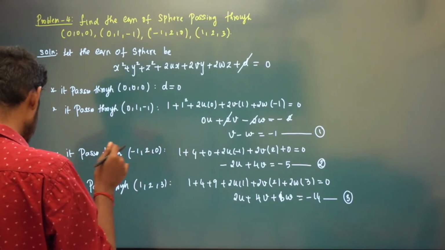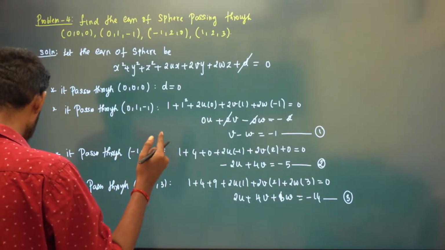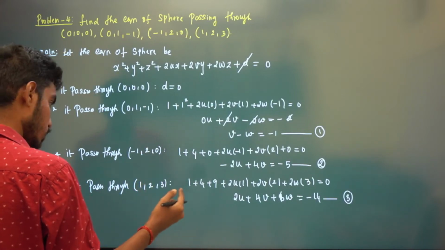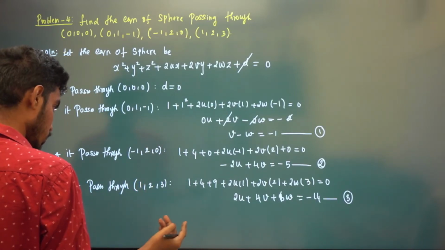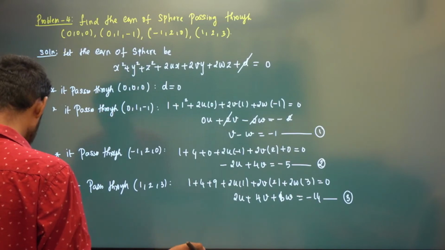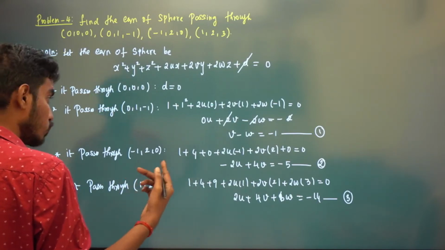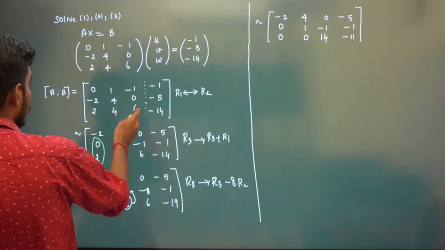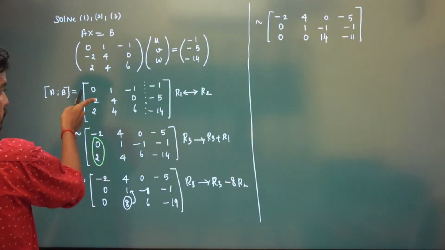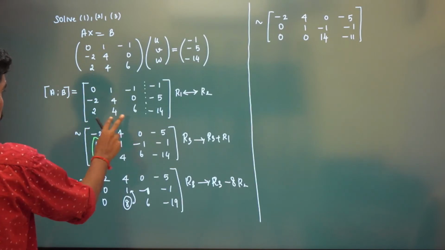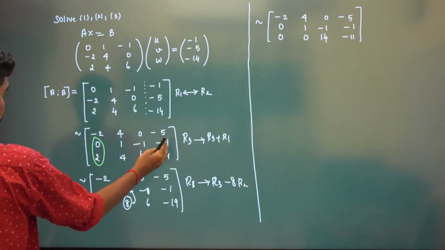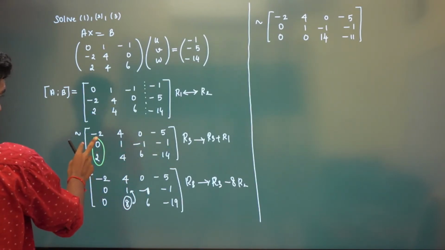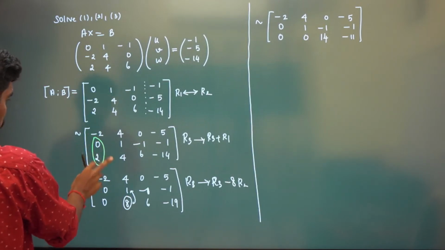So V minus W is minus 1. We are just transforming this, so minus 2, 4, 0, minus 5, 0.